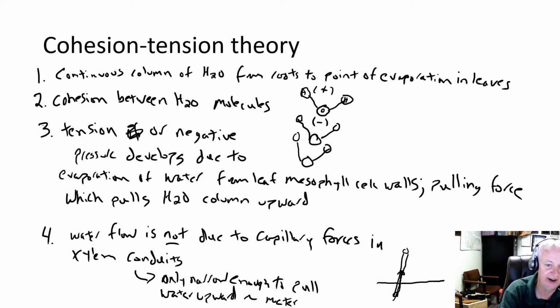Okay, so capillary forces, for instance in tracheids, could account for pulling water up maybe a meter. So we know that this flow of water through the xylem of a tall tree is not due to capillary forces in the xylem. So tracheids, the narrowest tubes, for instance, are not narrow enough to generate sufficient capillary force to cause that.